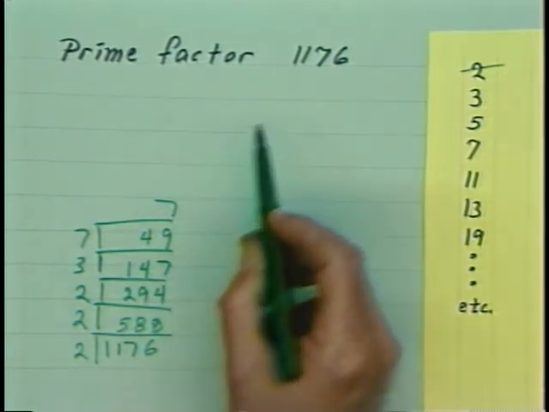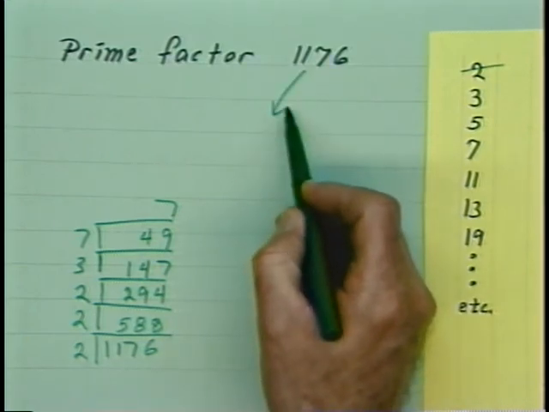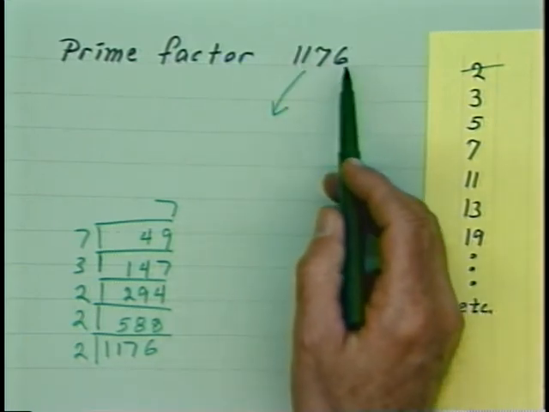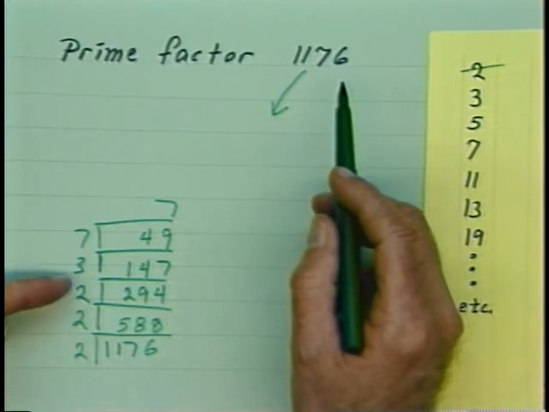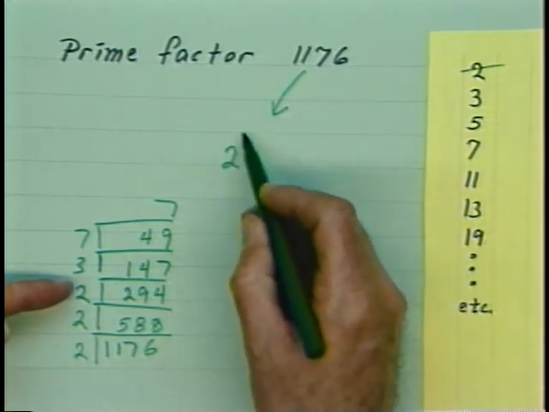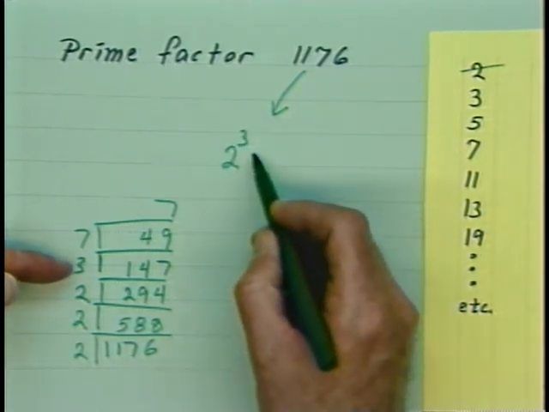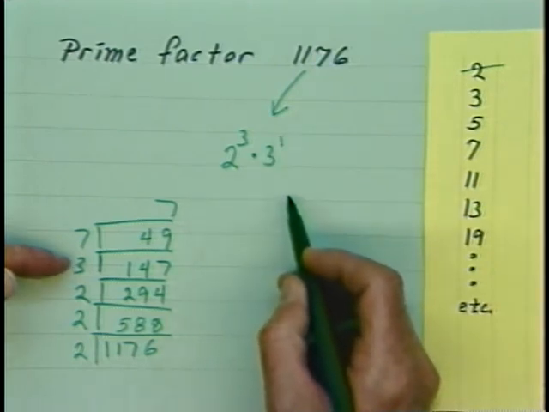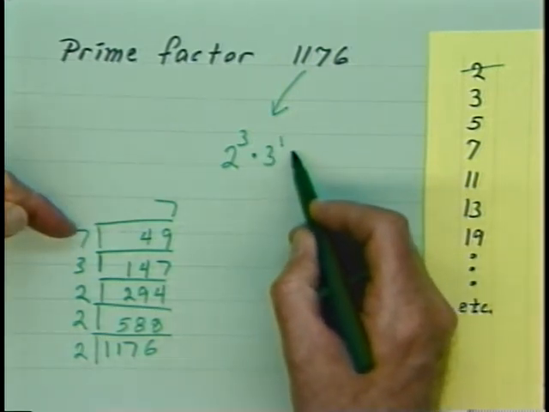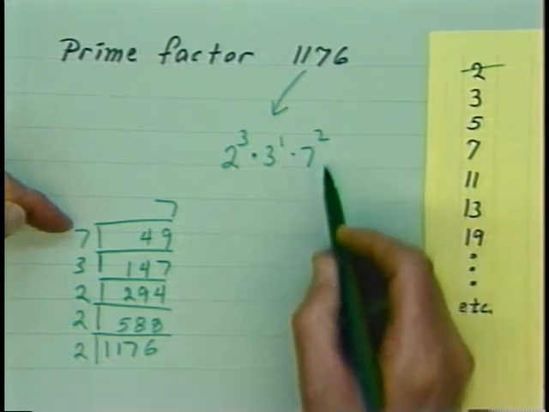So now we can see that 1176 is 2 to the third power times 3 to the first power times 7 to the second power.